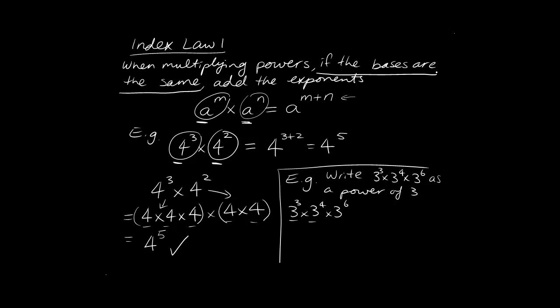The bases are all the same. So according to index law 1, I can simply add those exponents together. Okay, so it becomes 3 to the power of 3 plus 4 plus 6, which is 3 to the power of 13. As a single power of 3. Okay. Let's have a look at another example.